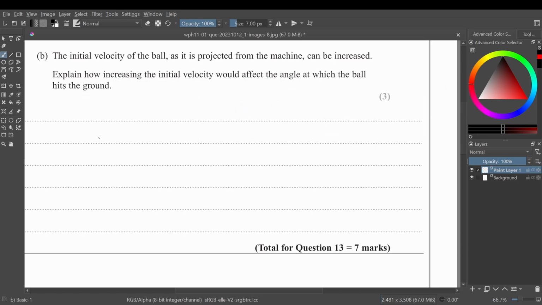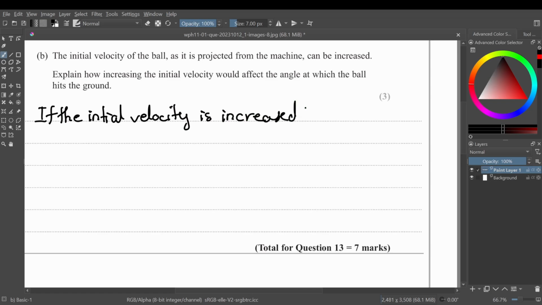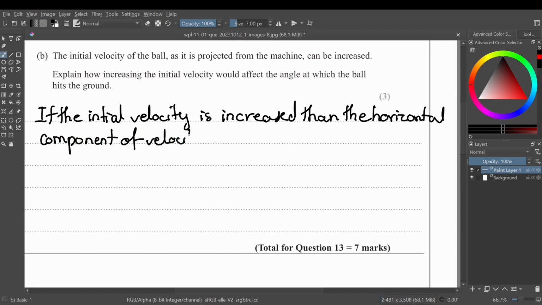Okay, so if the initial velocity is increased, then the horizontal component of velocity is also increased.